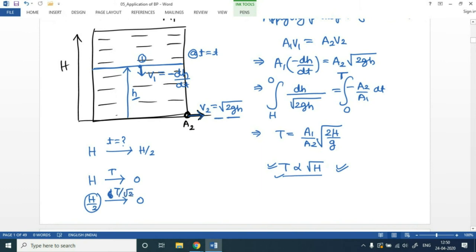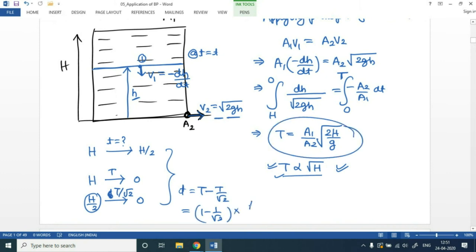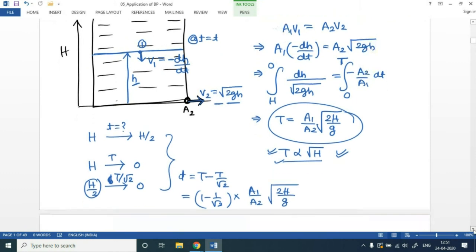So from h to 0 it is taking this much time, and h by 2 to 0 it is taking this much time. So definitely small t will be equal to capital T minus T by root 2, or you can say 1 minus 1 by root 2 times T, and the value of T we have already calculated, that is A1 by A2 into root under 2h by g. So this was one variation.